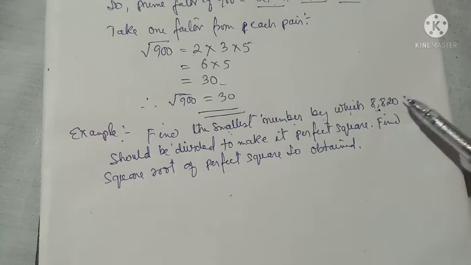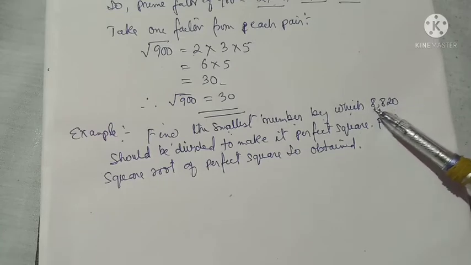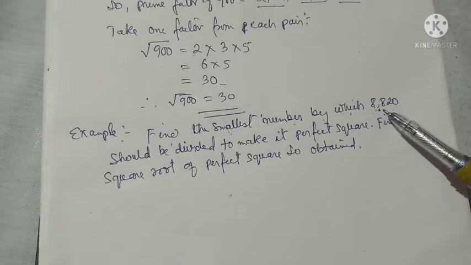The number by which we divide 8,820 will give us another number. We will take the square root of that number obtained. So let's see here.